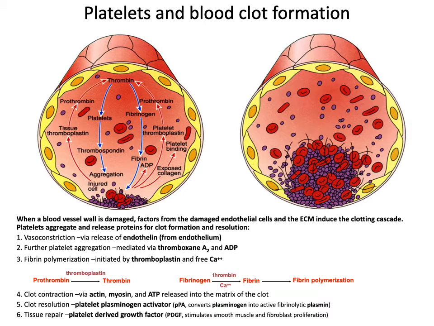Whenever the subendothelium is exposed, which is not normal, remember this: the subendothelium is procoagulant. So the endothelium is anticoagulant, the subendothelium is procoagulant. Normally, that should not be a problem because if the endothelium is intact, the subendothelium should not be exposed.